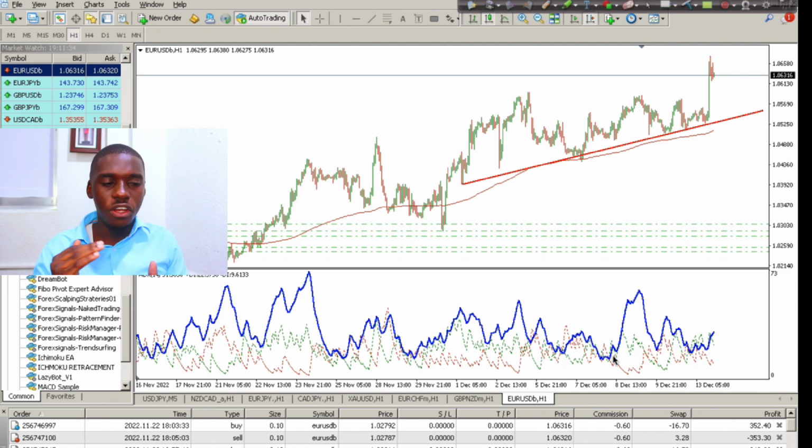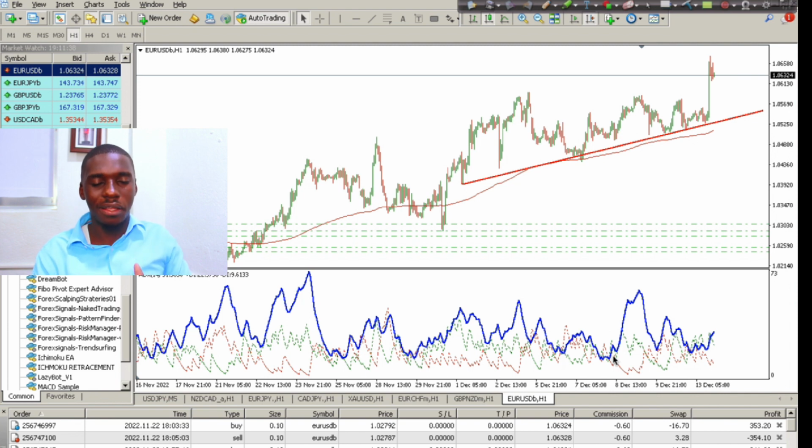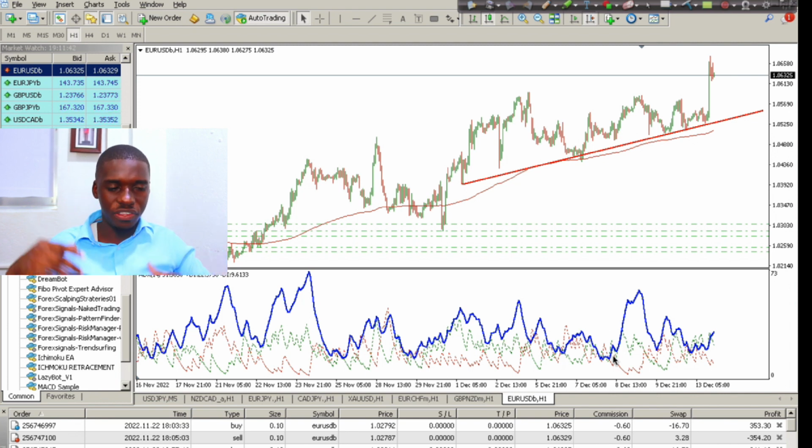Here, the increment in size determines the strength, which can be for either the buyers or the sellers.